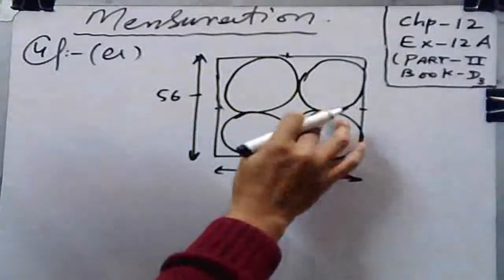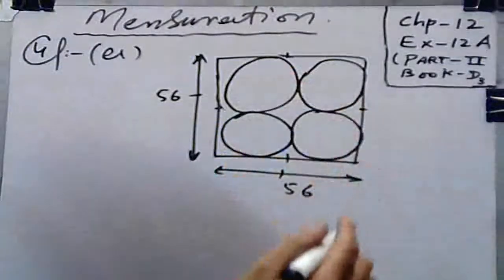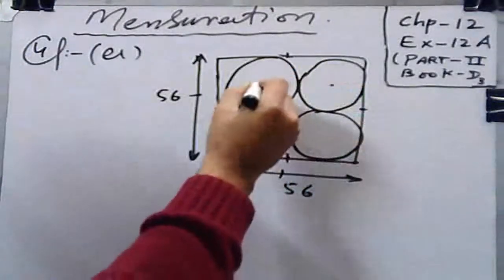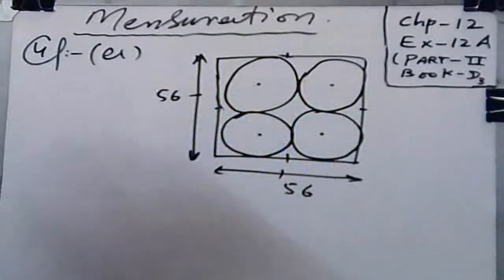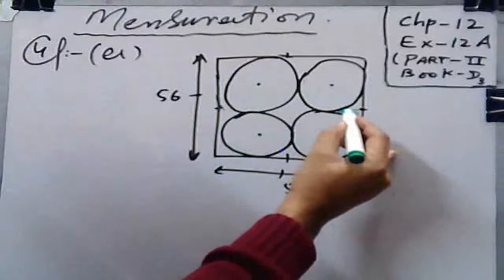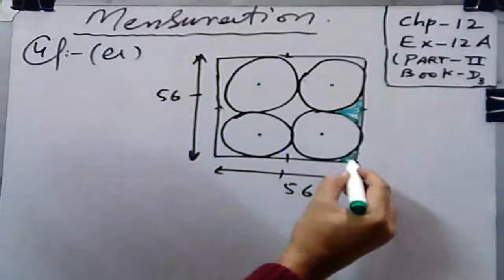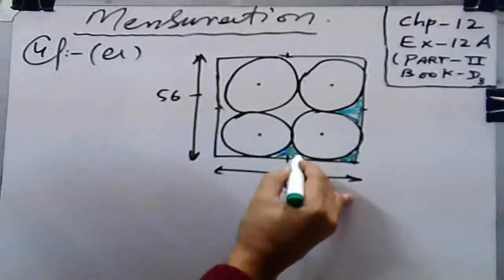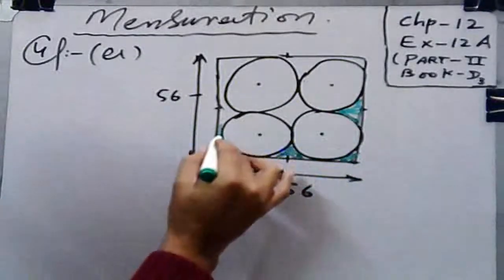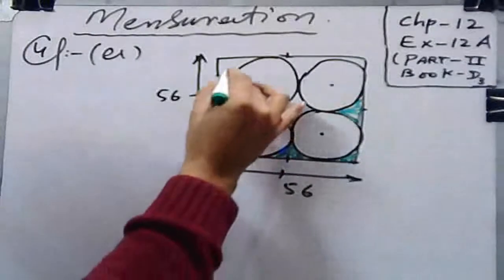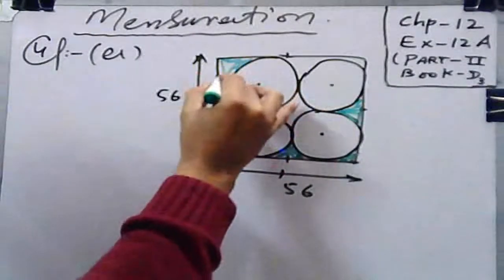You have four circles like this, with their center points, and we have to find the shaded portion. What are the shaded regions? This one is your shaded portion, and the other one is also shaded. We have to calculate the shaded portion.